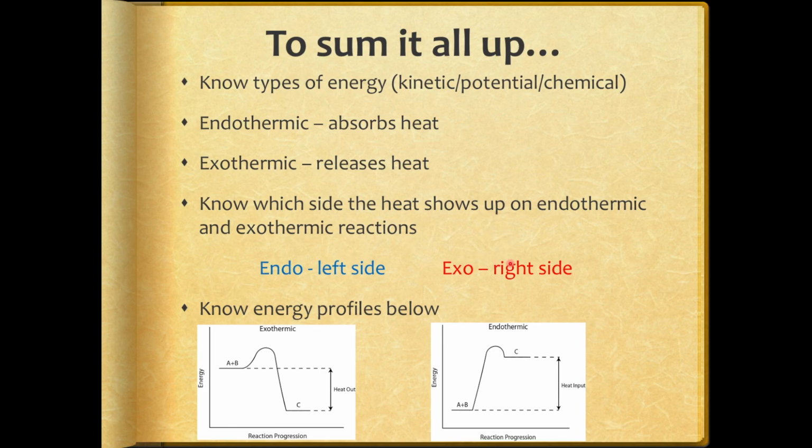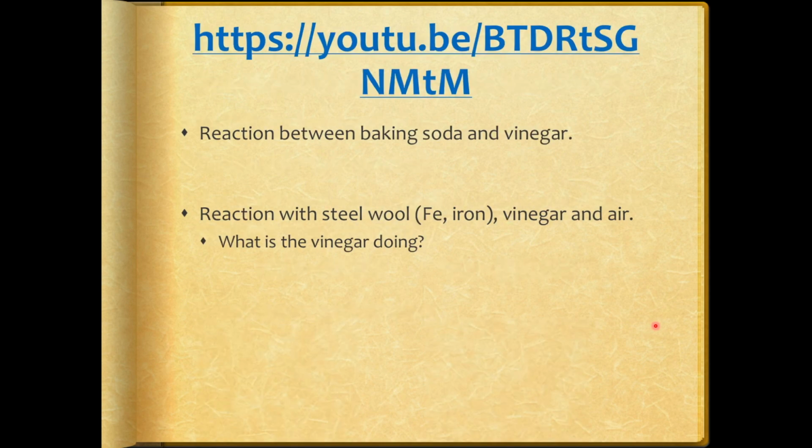And then exothermic shows up on the right side. And then you need to know these energy profiles. Okay? You need to know that exothermic, the products are lower than the reactants, and endothermic, the products are higher than the reactants. Hopefully that makes sense. Make sure you study that for your test, because that will be there.